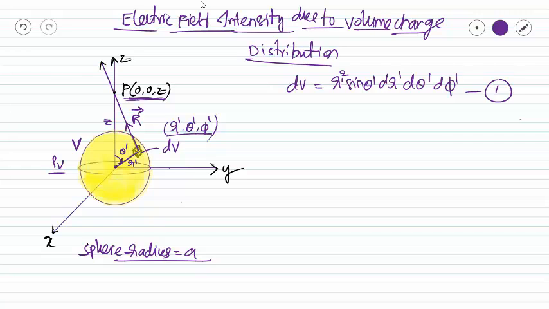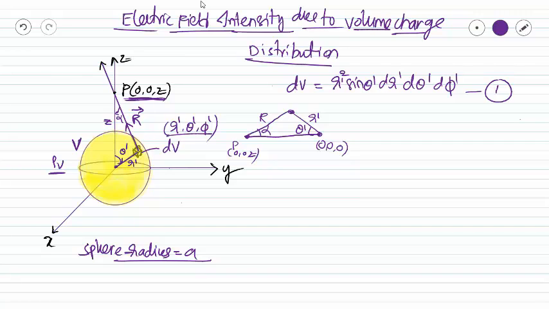If I draw the figure, this is the origin, this is the point P which is 0, 0, z, and this is the reference r dash, theta dash, phi dash. This distance is r dash, this angle is theta dash, this is the vector r, and let us say this angle is alpha. We can clearly say this triangle is not a right angle triangle.